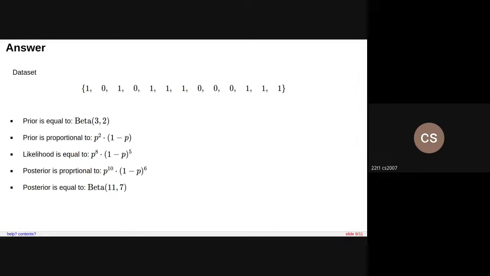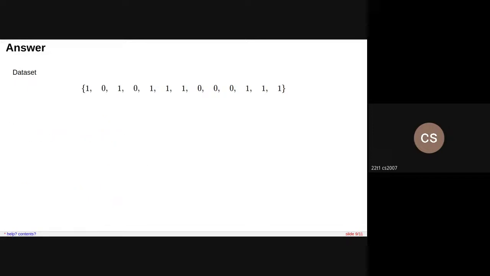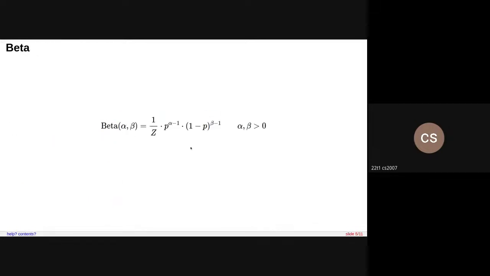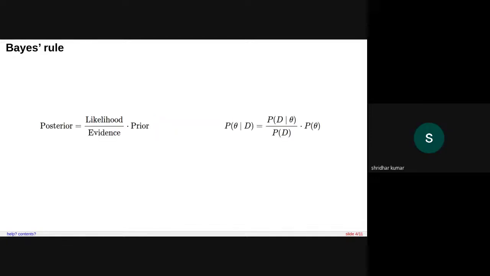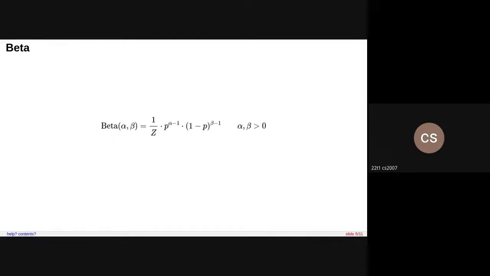Remember, beta of 11,7 is a distribution, 1 by Z into p^10 into (1-p)^6. You maximize this with respect to p, and whatever argmax you get is the MAP estimate, the point at which the distribution reaches its maximum.